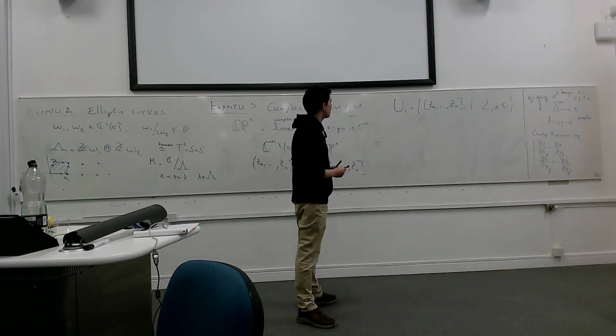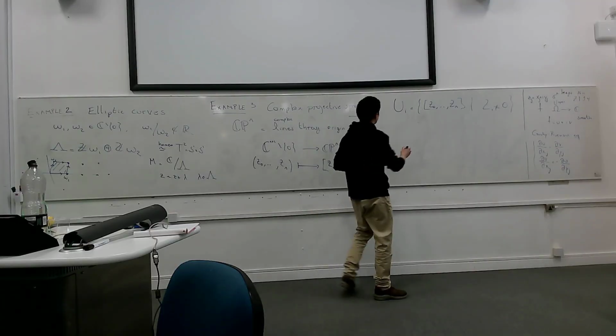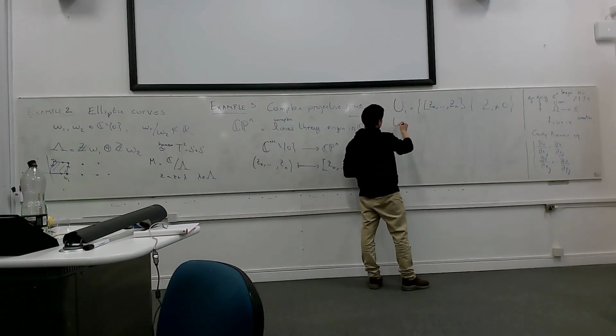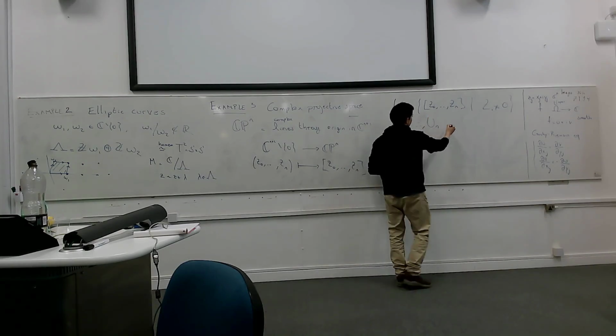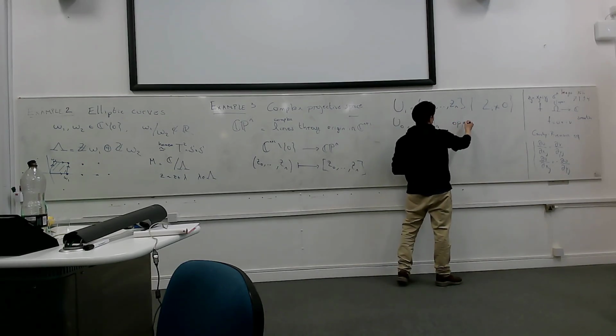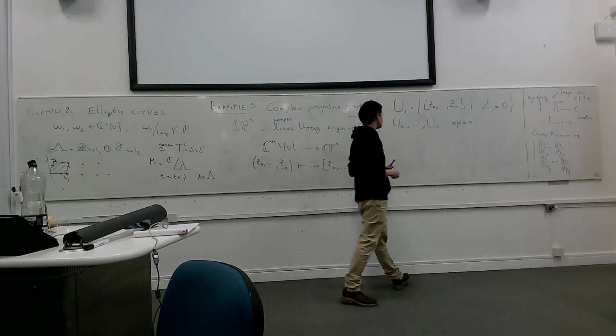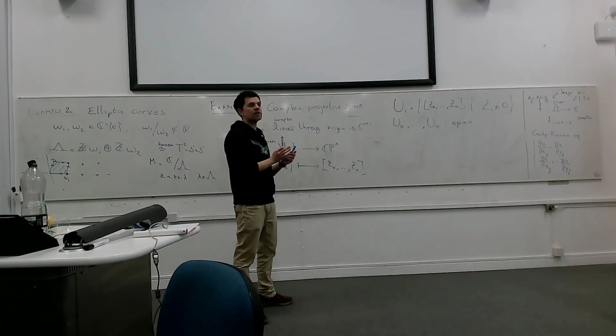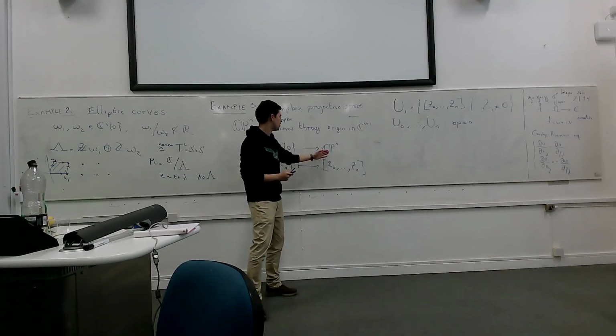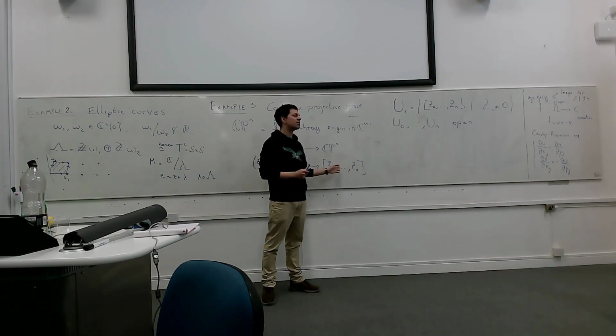So we have n+1 open sets. These are open, and they cover the whole space, because if you have a point in CP^n, at least one coordinate has to be non-zero.